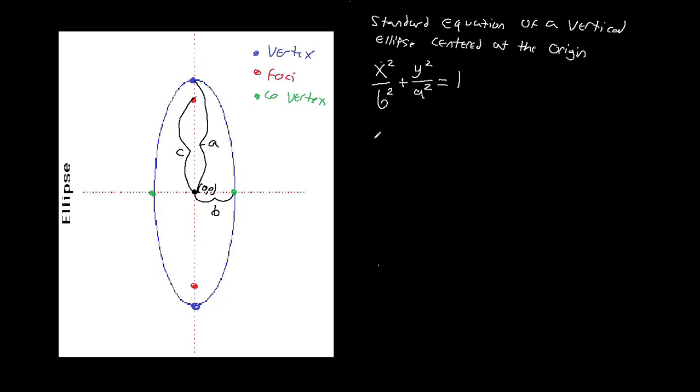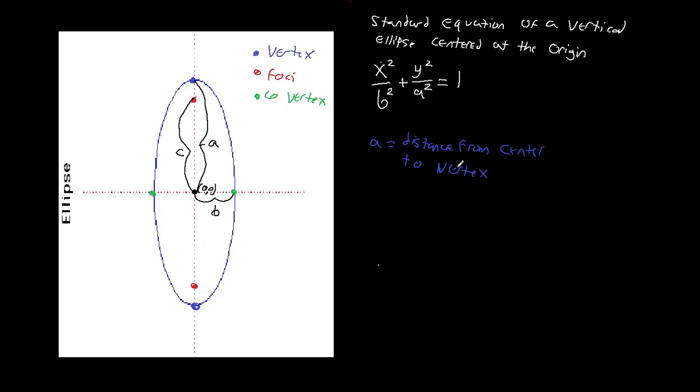So a is still the distance from center to the vertex.